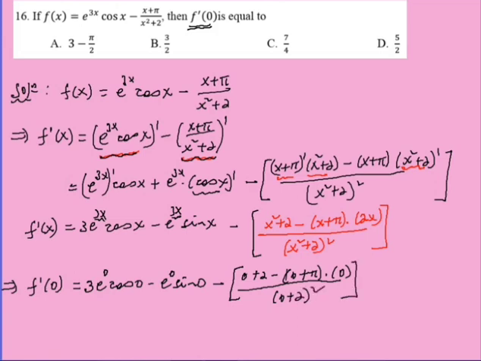Now this is 0 because here we have 0 times something.